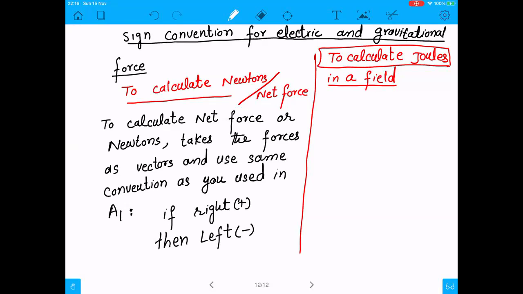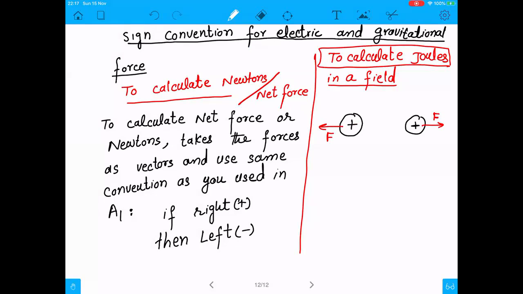Now, what about the calculation of joules in a field, work in a field? To calculate the work in a field, we take this convention. For example, you may have attraction or you may have repulsion. The positive charges will repel each other. Now, the displacement that we take is outwards.